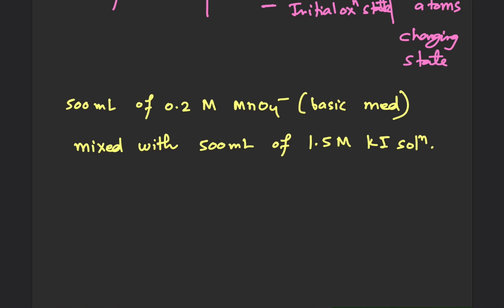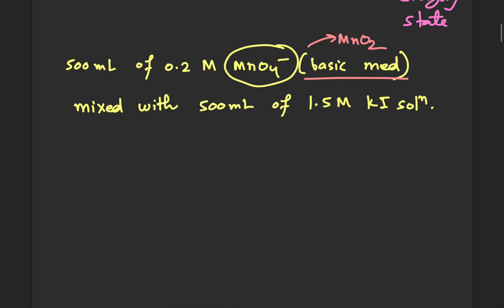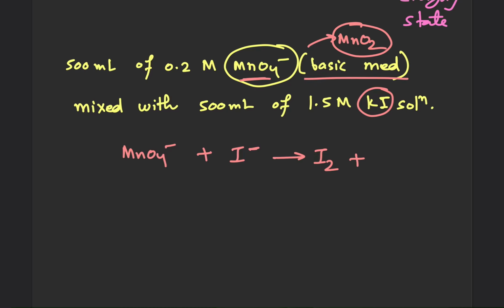Okay, one thing we should know is MnO4 minus in basic medium gets reduced to MnO2 ultimately. That is what we should know. Okay, and therefore with respect to reactions, I can write MnO4 minus plus I minus, it comes from the KI. I will get obviously I2, and as I mentioned, MnO4 gets converted to MnO2. Okay, so no need to balance this.